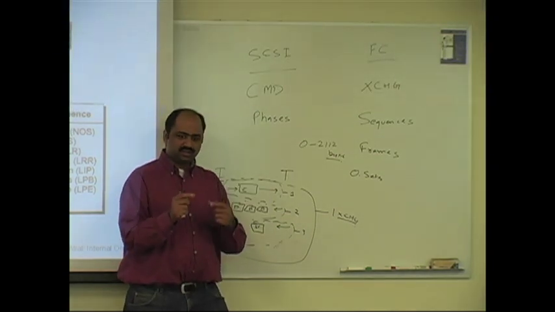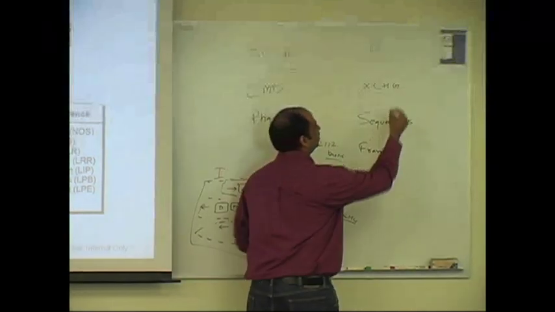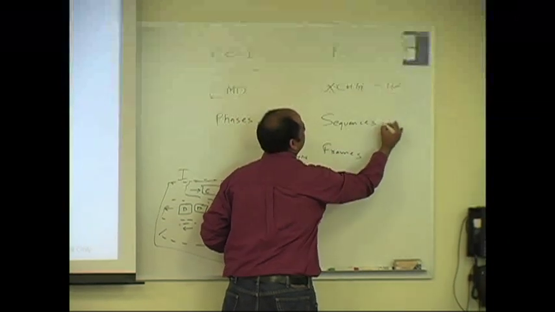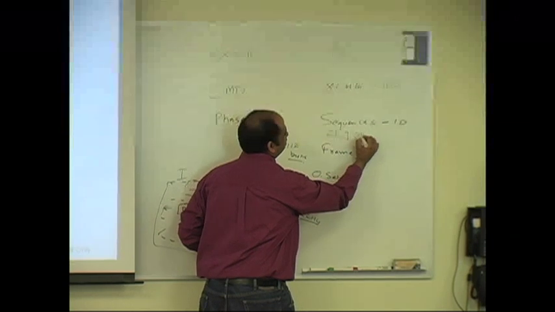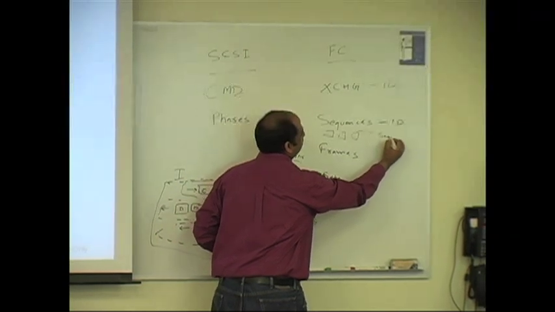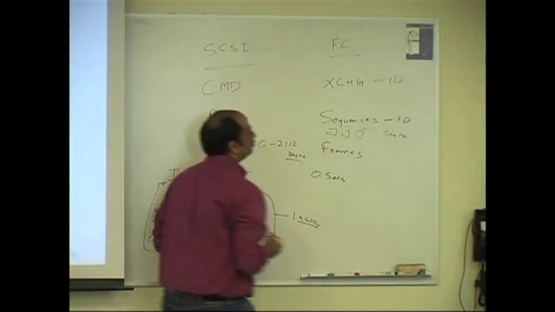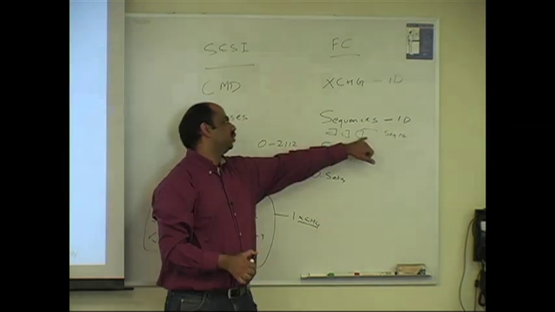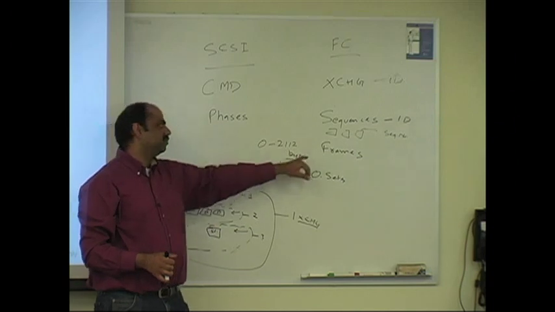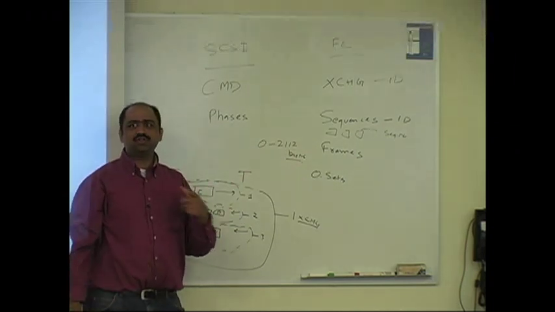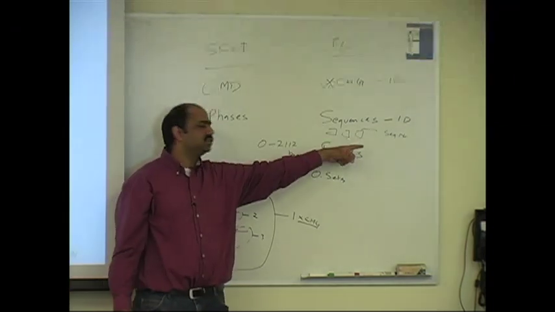Within a sequence, you can have multiple frames, which is basically a sequence number. All this information, sequence number, sequence ID, and exchange ID, are part of the frame. So every frame which goes on the wire has all this information.